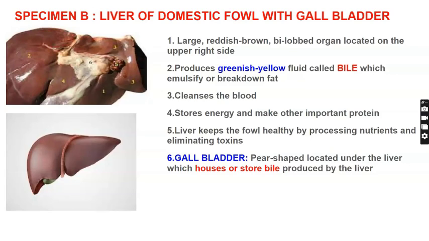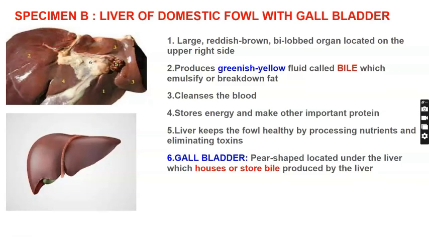Then let's now properly look at the liver. If you're asked to describe the liver that you'll be looking at on the day of your practical, you start by describing that the liver is a large reddish brown bilobed organ located on the upper right side of the domestic chicken. Alright, bilobed in the sense you can say is a two lobe organ.